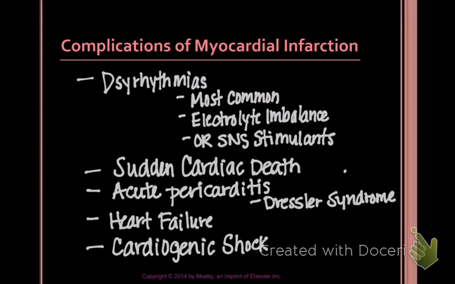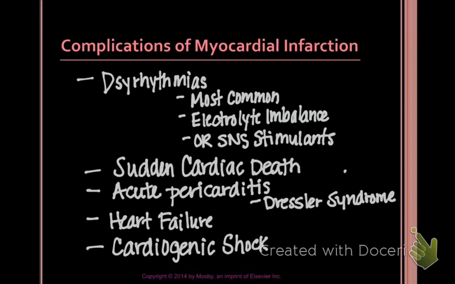Complications of myocardial infarction are dysrhythmias. So we're talking about myocardial infarction and things that happen after an infarct. A lot of times you're going to get dysrhythmias, which are the most common complication, and these often can be a result of electrolyte imbalance or CNS stimulants.